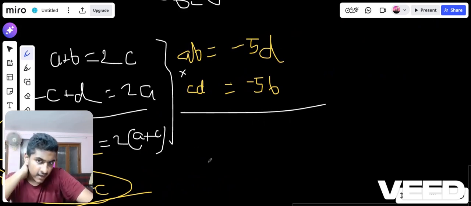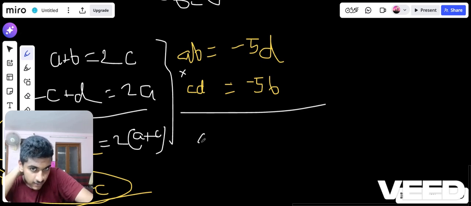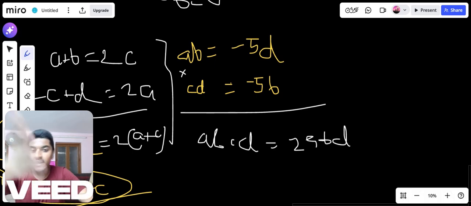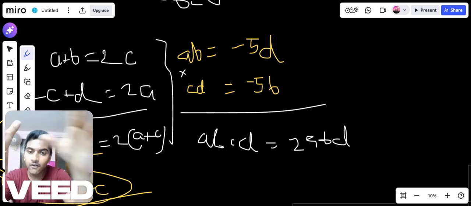However, can you see that if you multiply these equations, you will get abcd? abcd is equal to minus minus plus, so 25bd. Can't you just see that abcd is equal to 25bd? I think my handwriting is a bit off, but please ignore that. But can you see why we multiplied?